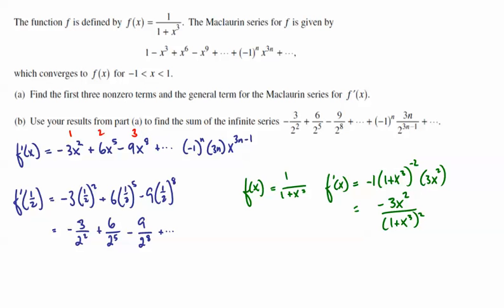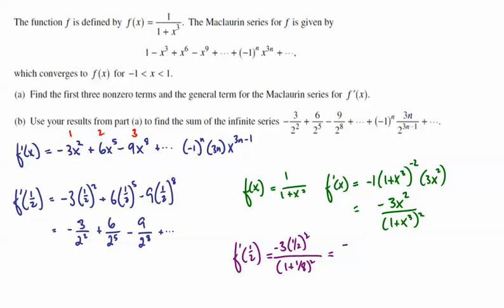At that point, we could evaluate f prime of 1/2: negative 3 times 1/2 squared over 1 plus 1/2 to the third power, which is 1/8, quantity squared.